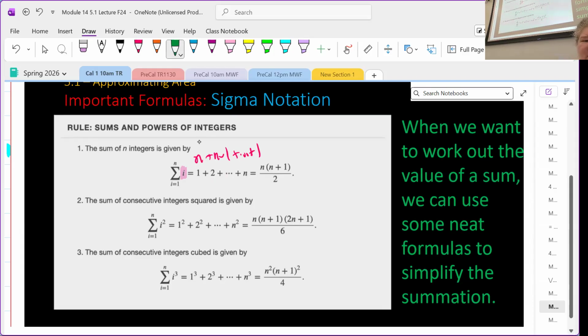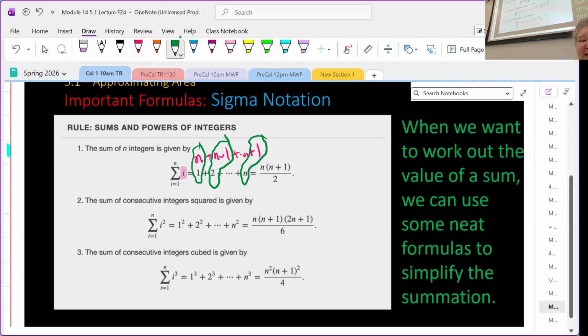As weird as that sounds. Then I have pairs of terms, n plus 1, n minus 1 plus 2 is the same as n plus 1, and then n plus 1 plus n is n plus 1.